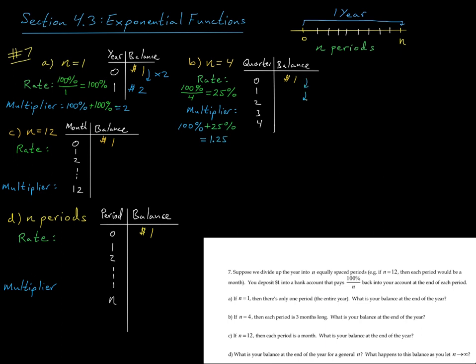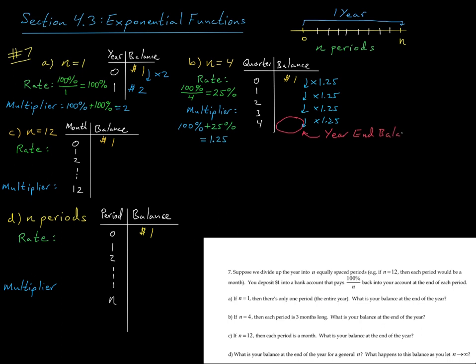So here I'm going to multiply quarter to quarter by 1.25, and if I want to know the balance at the end of the year, well, there are 4 quarters in the year. So this number right here will be our year-end balance.